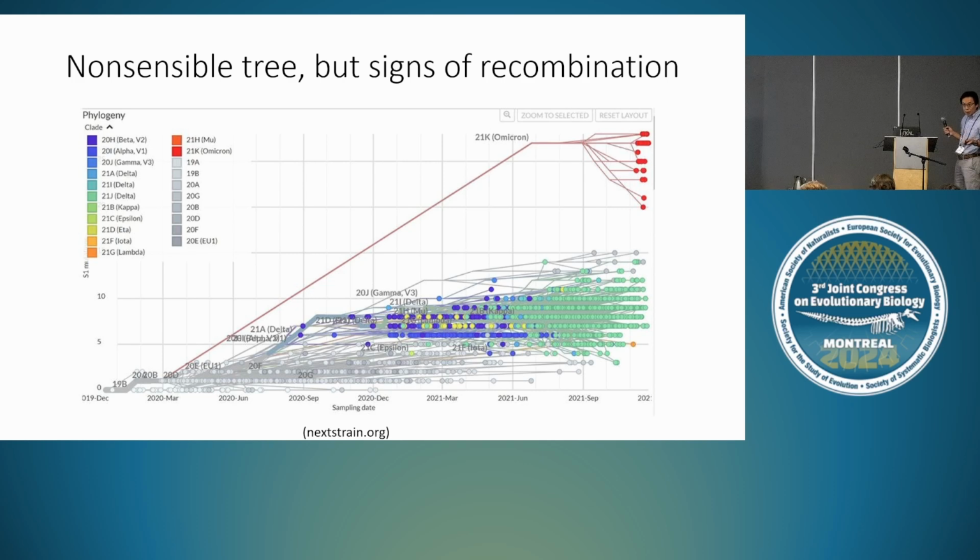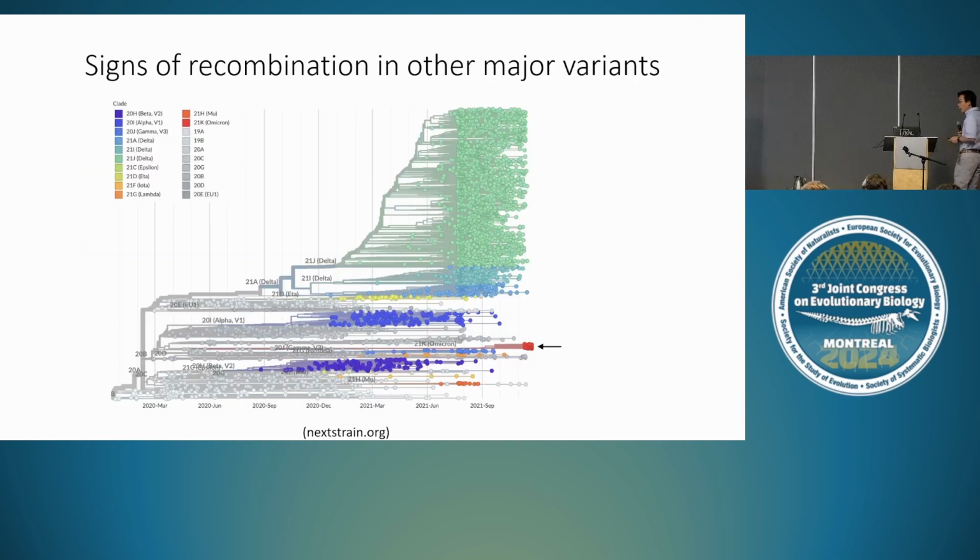Again, recombination. And there are some other signs of recombination in other variants, including alpha, beta, delta, and so on, also indicated by these long branches leading to some of the major variants. The signs seem to be clear there, but nobody was giving any attention to recombination. But recombination has happened in virus evolution.